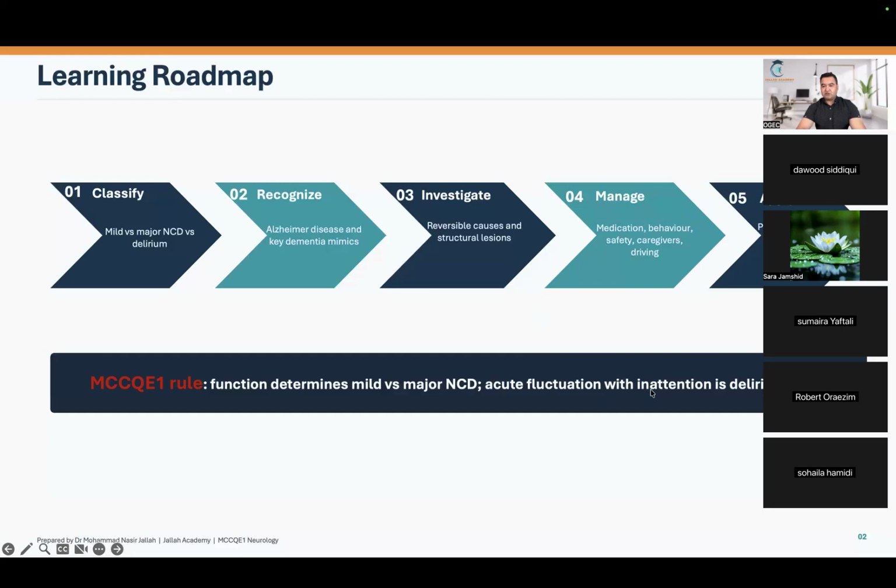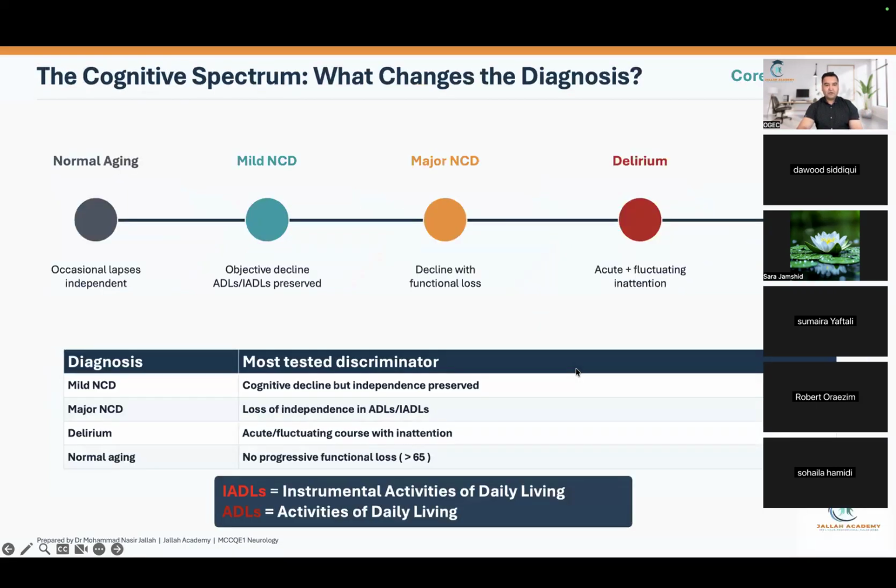Acute fluctuation with attention loss is delirium. If there's a fluctuation and the patient does not have attention, in that case, it is delirium or acute confusion. All right, so now let's talk about the neurocognitive disorder that happens in different stages.